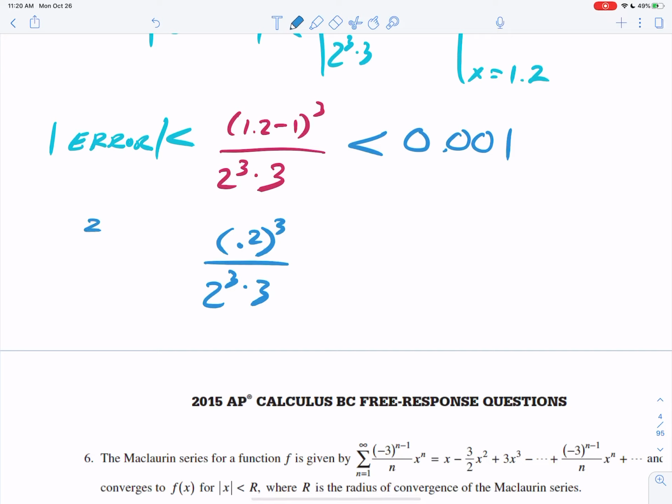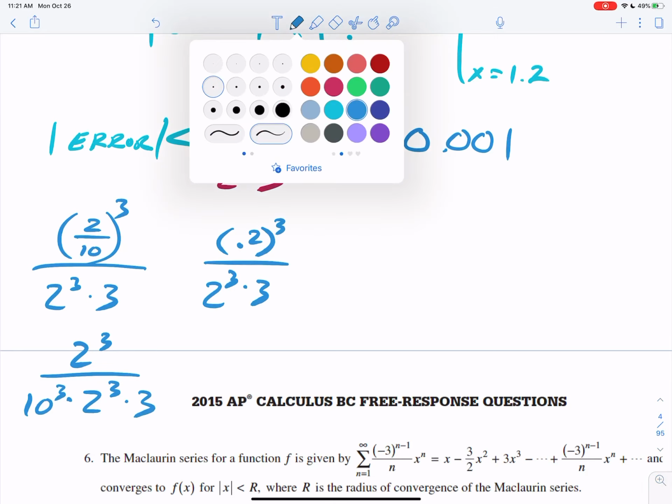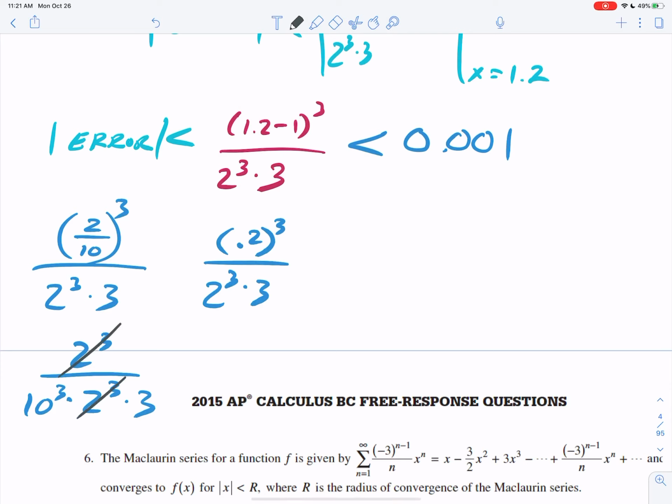Okay, I'll do 2/10. So that's 2 to the third over 10 to the third times 2 to the third times 3. Again, I'm just doing side work just to verify, okay? This ends up being 1 over 3 times 10 to the third, which is 1,000. So that's 1 over 3,000.